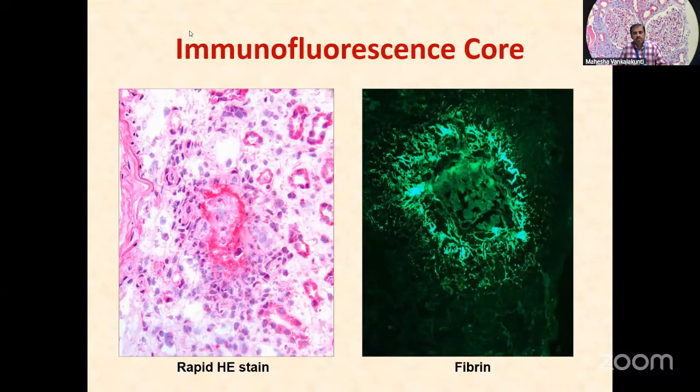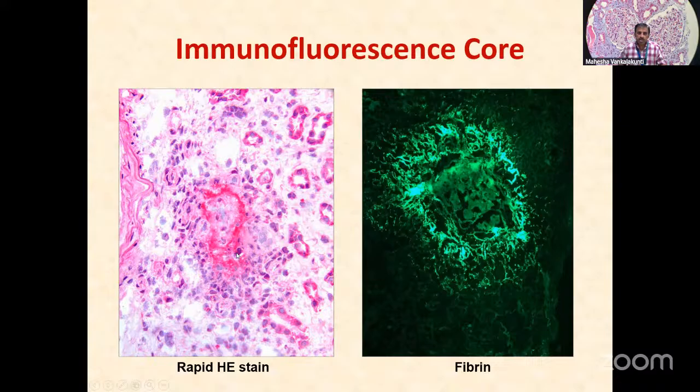In certain scenarios, adequacy becomes a very major issue, and the core that is sent for light microscopy may not have the finding of an extraglomerular vasculitis.